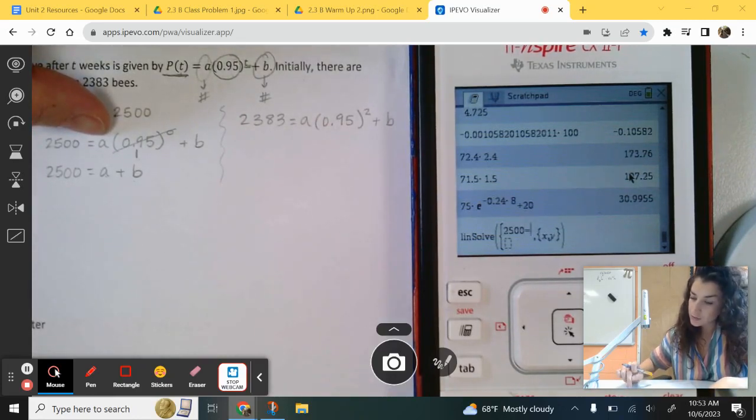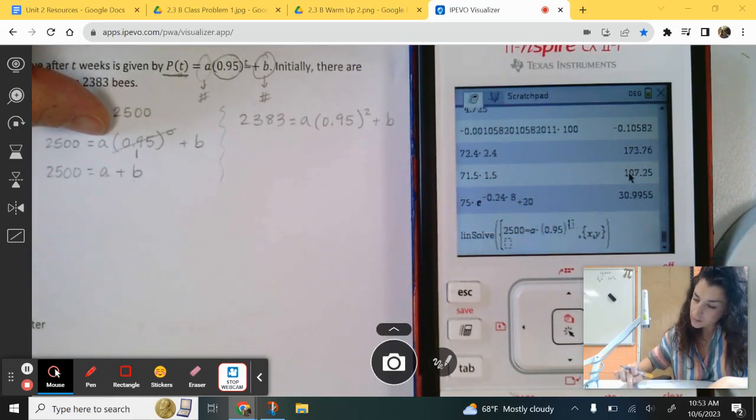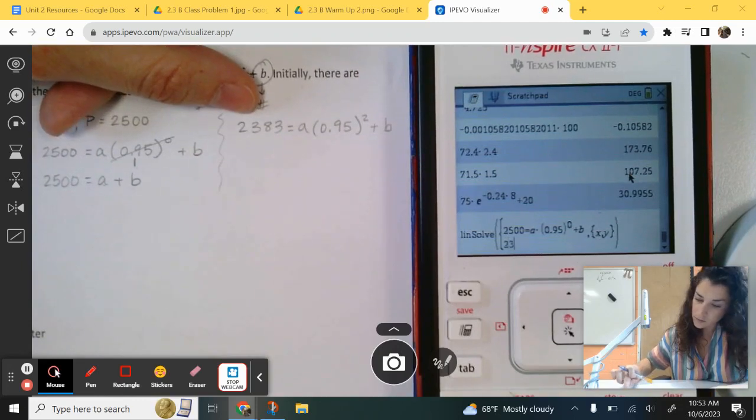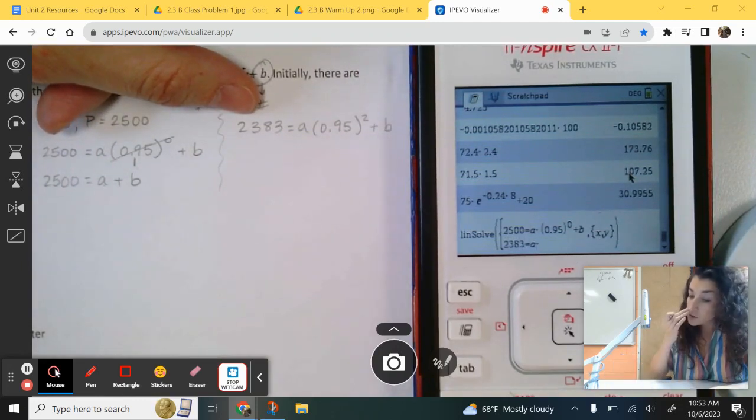I'll do A times. Remember to do the times symbol with your systems of equations.